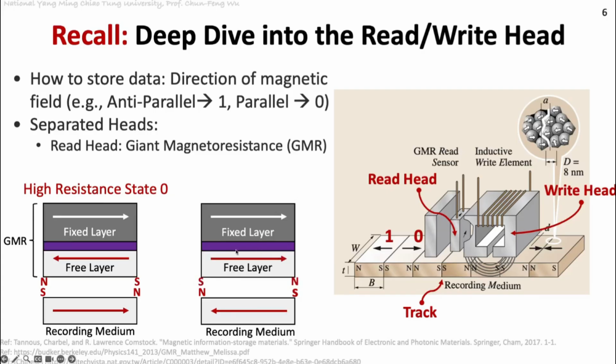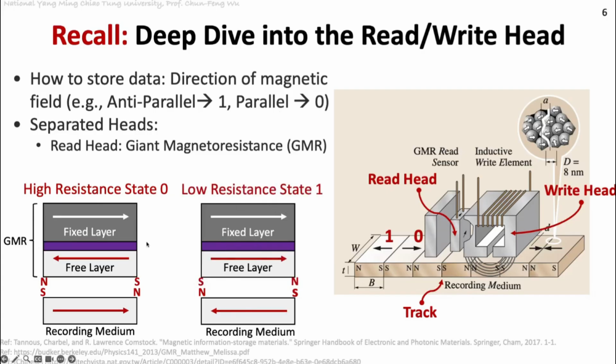So in this example, the fixed layer and free layer have their magnetic fields in the same direction, and we call that parallel. This parallel magnetic field will make the GMR go into the low resistance state.